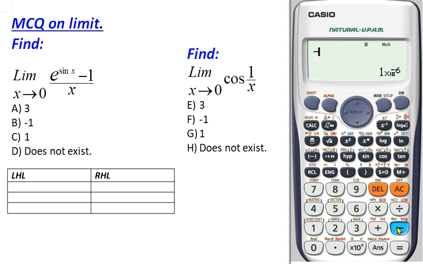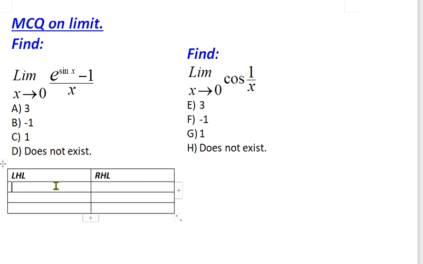Let me give the input minus 10 raised to the power of minus 9. This is a value of x very close to 0 from the left hand side. I am calculating the left hand limit first, and then press equals. Here the limiting value is 1.